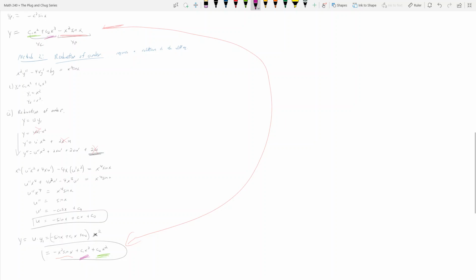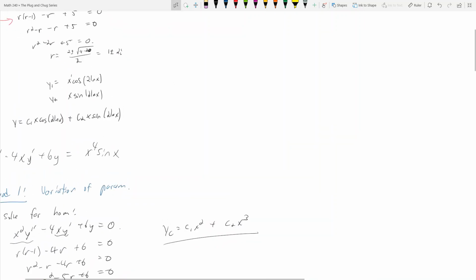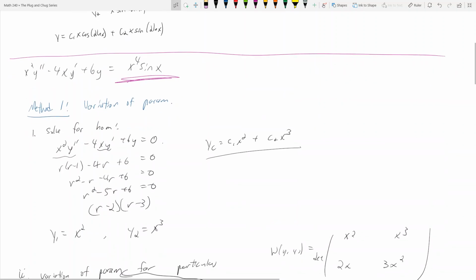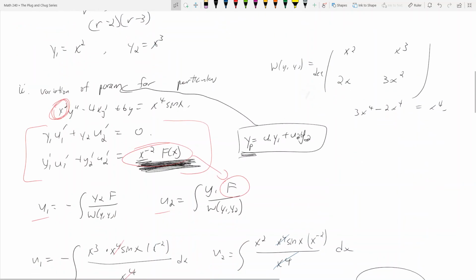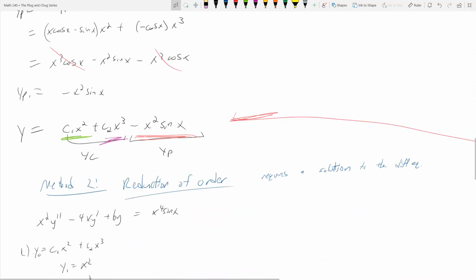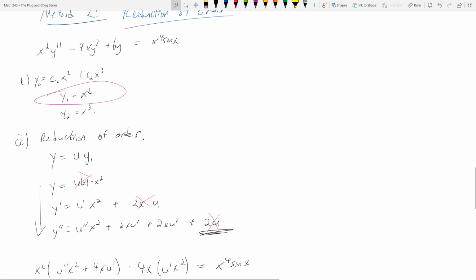And these are the two methods you can use to solve your Cauchy Euler with a right-hand side type of problem: variation of parameters, where you have to take into account this extra x squared term, and then also the reduction of order method, where you cleverly use a solution to the homogeneous as your y1 guess.